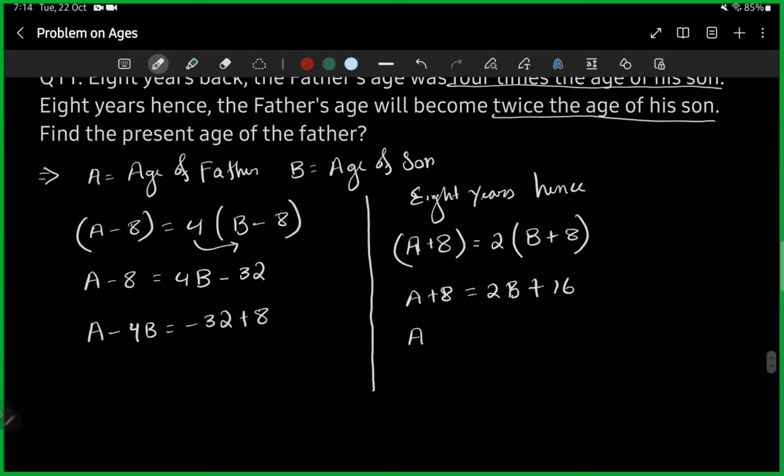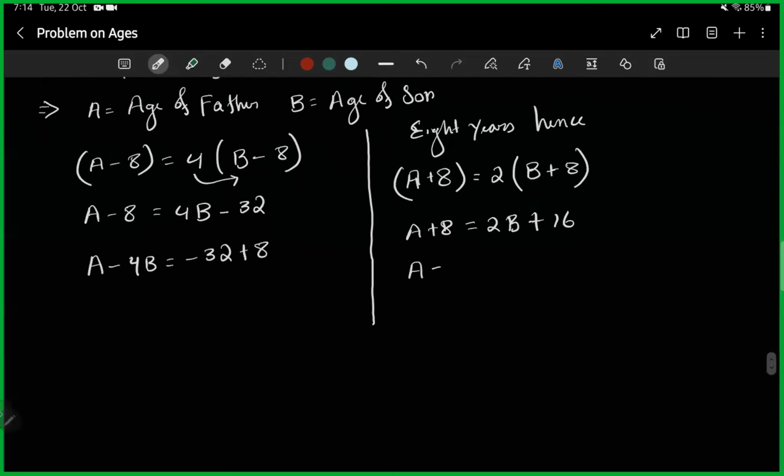A minus 2B equals plus 16, and then you take this plus 8 to the right hand side, becomes minus 8.